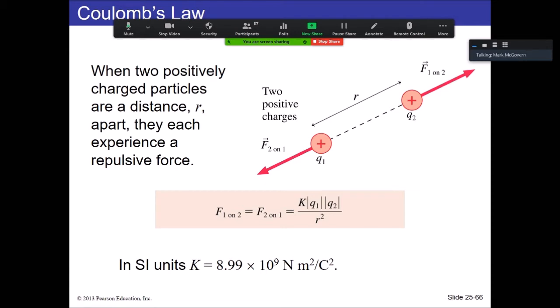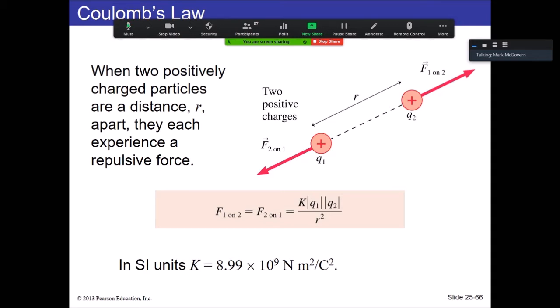So let's put some math behind this now. Putting some mathematics behind what we're doing here. Now we're dealing with point charges first. We did a lot of qualitative things previously, and that involved some single charges, some bulk amount of charge, some surface charges.